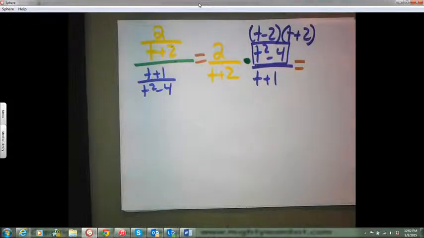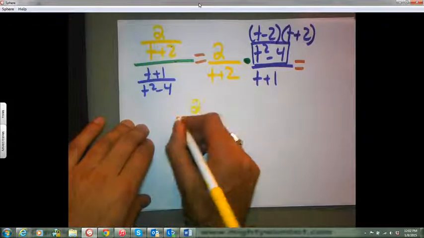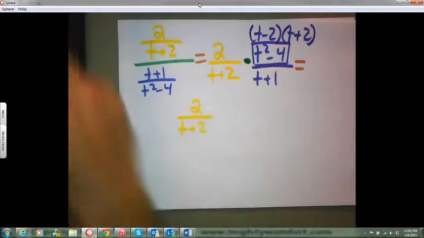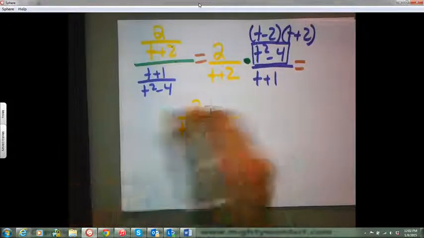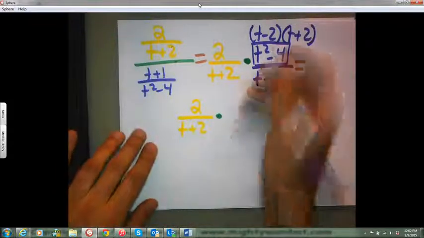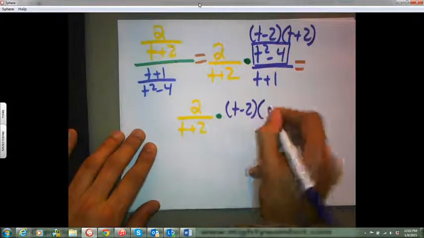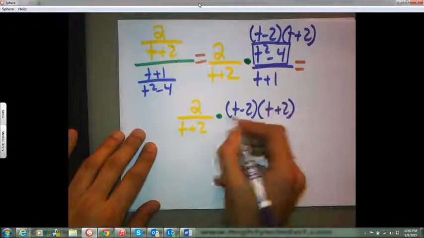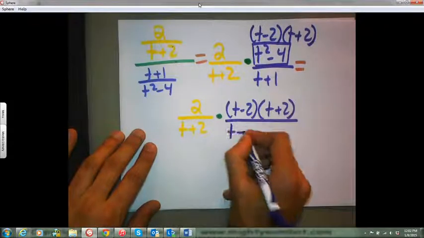So now let's rewrite on the next line. We have 2. We didn't do anything to this fraction. Multiplication is still there. This numerator is now t minus 2 times t plus 2. The denominator is still t plus 1. And now we're in business.